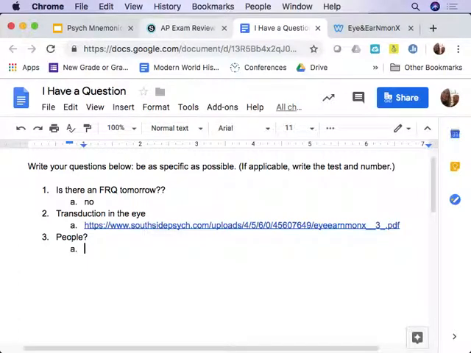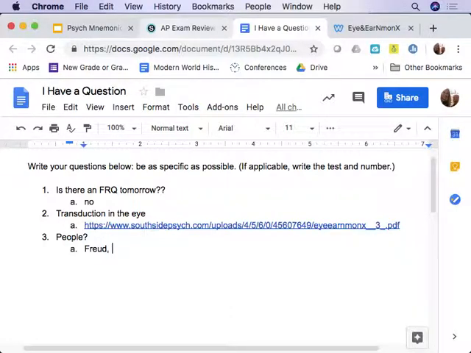I would say the top names to know that are going to be most beneficial, definitely Freud. Okay, so Freud founded psychoanalysis. We talked about Freud with personality and treatment of disorders. We talked about Freud in states of consciousness. So he did manifest and latent content and things like that.